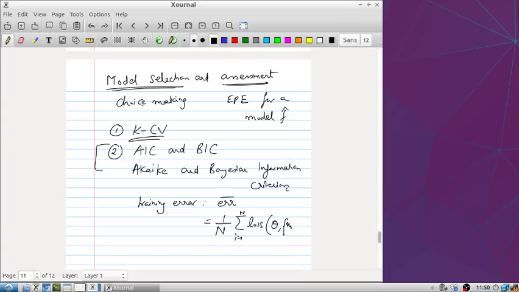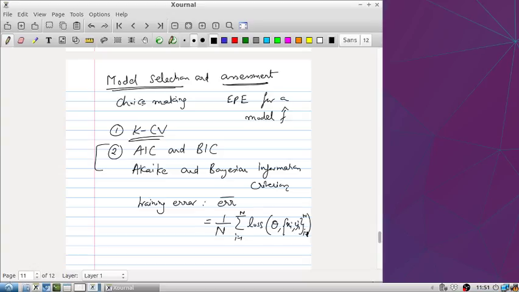Data is (xi, yi), i equal to 1 to n. I'm writing it generally; this could be residual sum of squares, then this will be beta, and you will know precisely what this is.